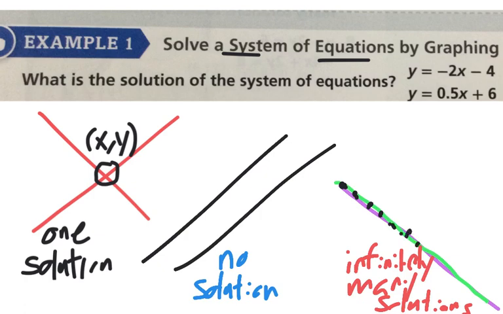And how many points could I draw on this line? I could draw infinitely many points. But if I drew a point here, is that a solution? No. So it's not all solutions. It's not everywhere is the answer. There are just so many I can't list them all. Everybody see the difference between all real numbers versus infinitely many solutions?